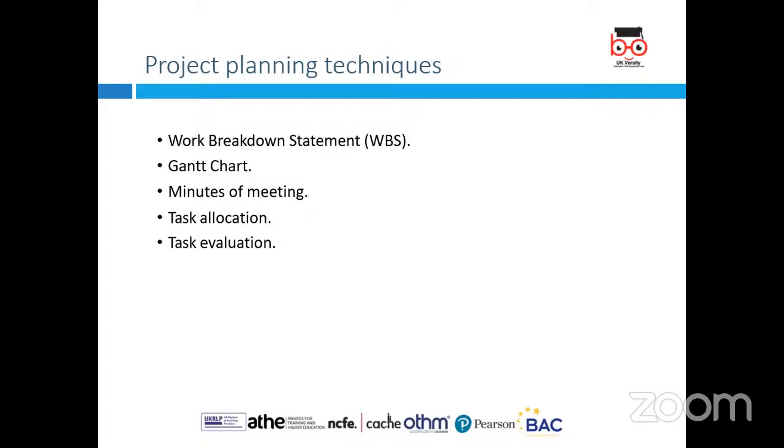Gantt chart, which is simply a technique for planning projects, which is really well known and widely used. Minutes of meeting, task allocation, and task evaluation. So I just wanted to ask you, have you ever worked with any of these techniques in your past projects?